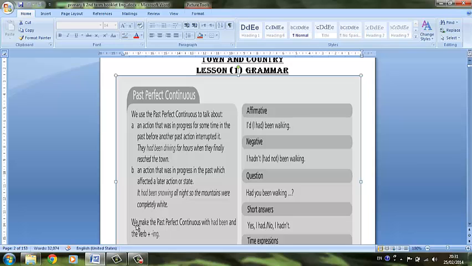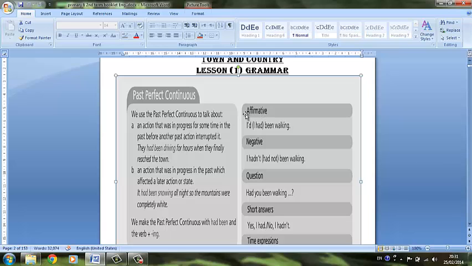We also said, how do we form the past perfect continuous? Past perfect means I'm going to put had plus been, and the continuous means I'm going to put the verb plus ing. So the form of the past perfect continuous will be had been plus the verb plus ing. Let's revise the affirmative.